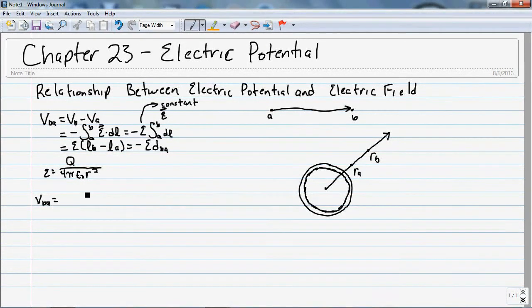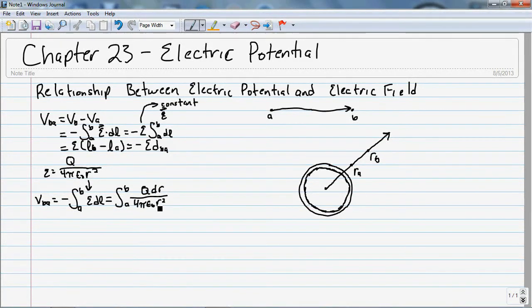VBA is equal to the negative of the integral from A to B of the electric field times the differential length, and that's just the integral from A to B, put in our electric field, and our differential length, well, that's just along the radius, so we'll call that dr.